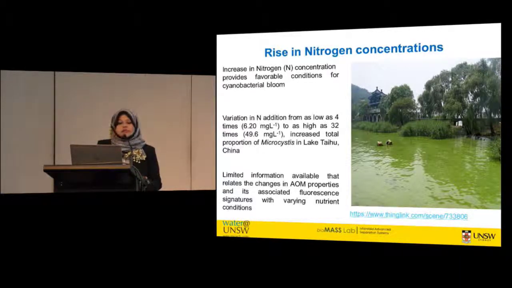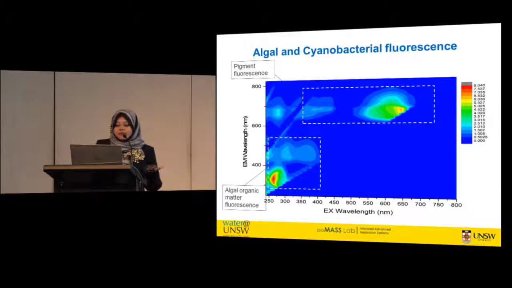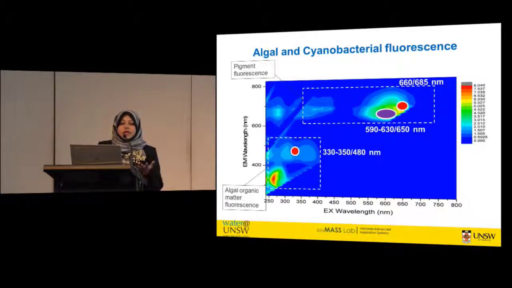In terms of the fluorescence signature, we know that algae and cyanobacteria have pigments that fluoresce above 600 nanometer, mainly phycocyanin and chlorophyll A. These species also release AOM, which is fluorescent in nature, and mainly fluoresces at a wavelength below 600 nanometer.